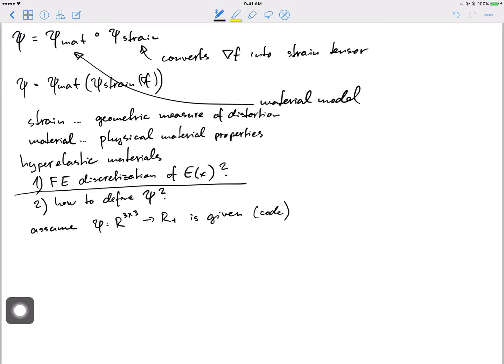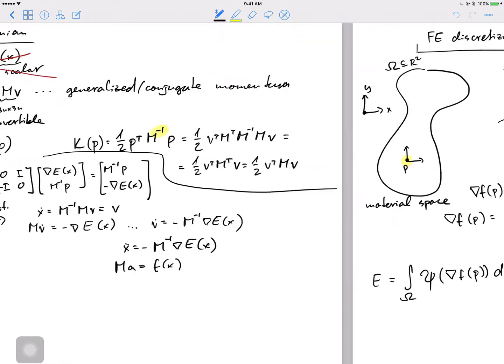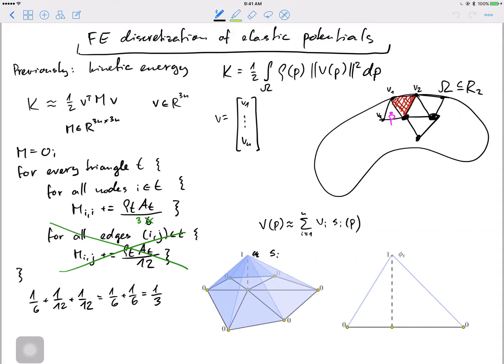So what we are gonna do is we are gonna use linear finite elements. So we'll use exactly the same thing as before, these guys, okay? These hat functions, okay? Except that instead of interpolating the velocities, we are now gonna be interpolating the positions, okay?